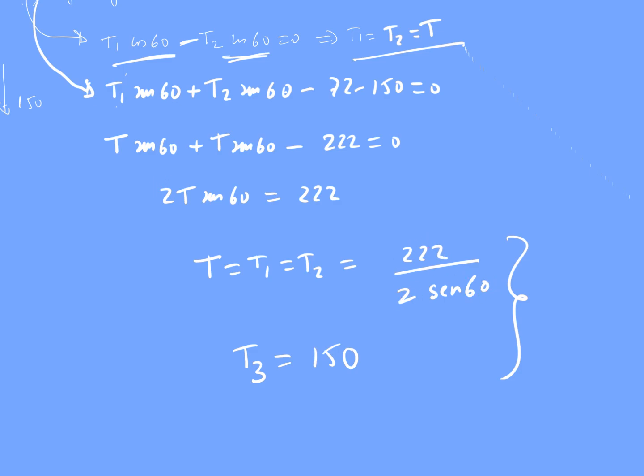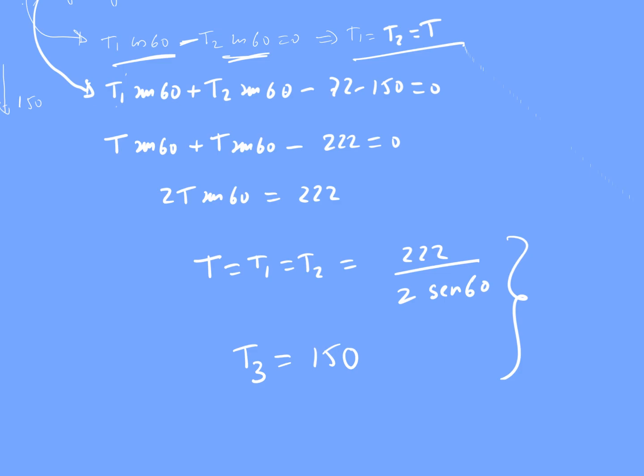You can make the calculation, and T3 will be 150. So we found all the tensions in the cables: 150 between the two masses, and this amount of tension holding the mass of 7.2 kilograms at 60 degrees to the x-axis.